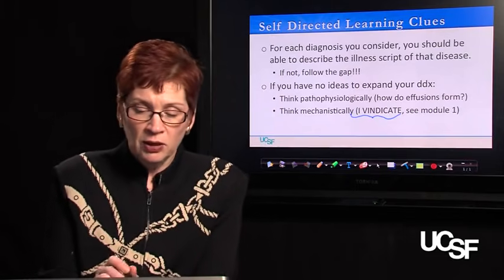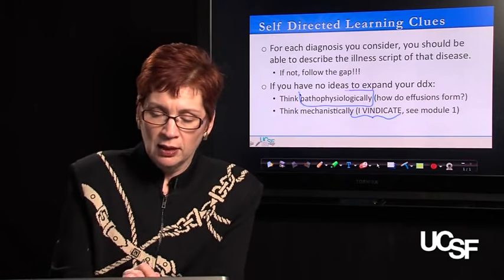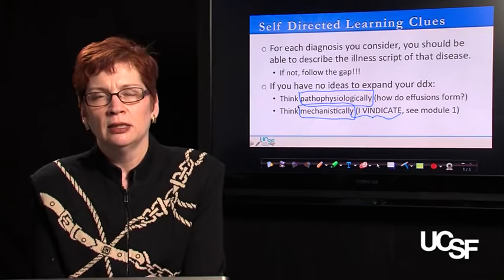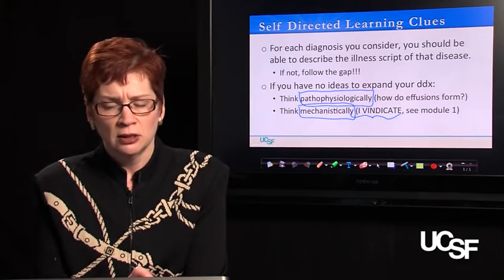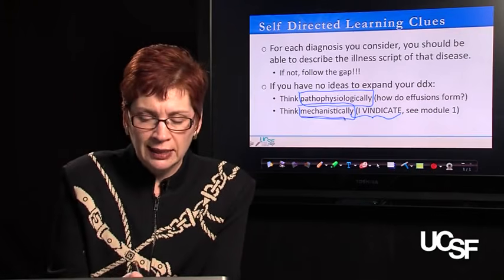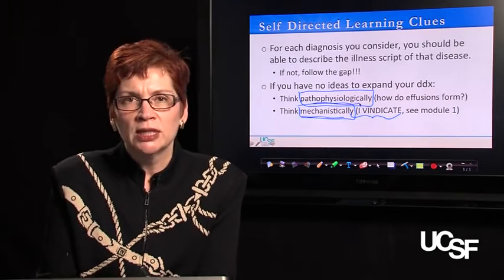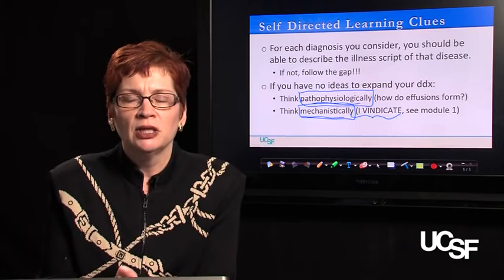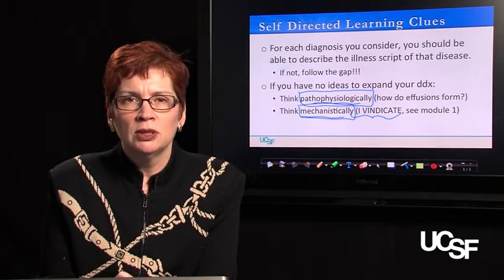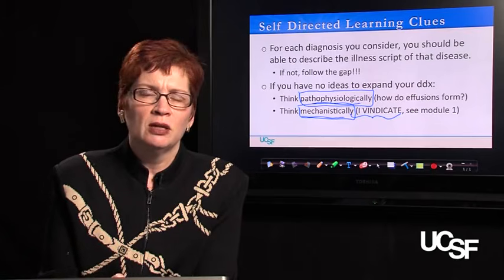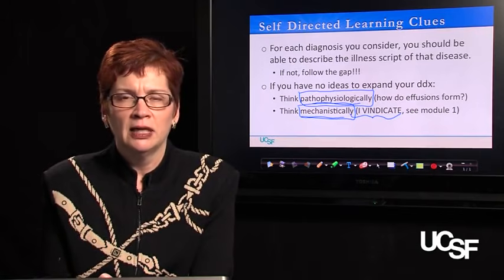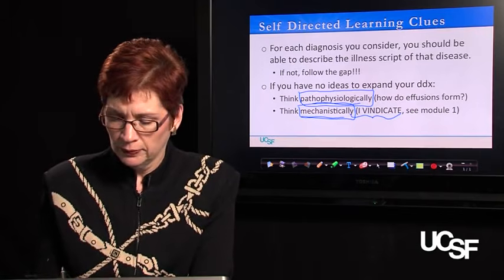Start with that, but if you develop your lists this way, rather than searching for a pattern match because you understand an illness script of a disease that matches your patient's illness script, once you develop this list, go back and do what we did with Miss Garcia and prioritize it based on a matching phenomena, so that you don't end up with long involved lists of things that you think could be the cause, but in fact are really clinically highly unlikely to be relevant in this particular presentation.